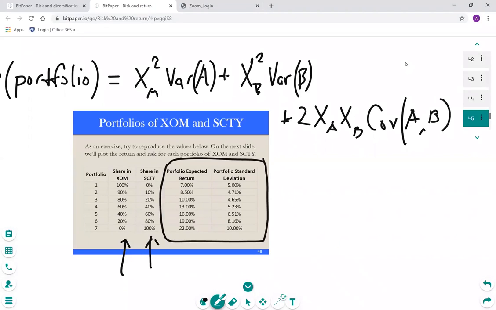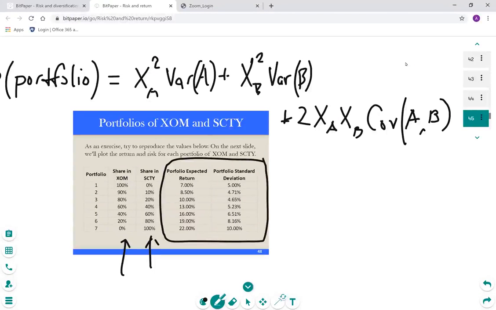So each of these portfolios 1 through 7 is some combination of these two stocks. In portfolio 1, it's all ExxonMobil, no Solar City. In portfolio 2, it's 90% ExxonMobil, 10% Solar City, and on down the line to portfolio 7, where it's all Solar City. Each of these portfolios results in these expected returns and these portfolio standard deviations, and we can plot these out.